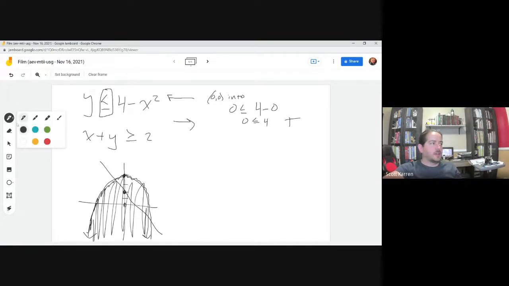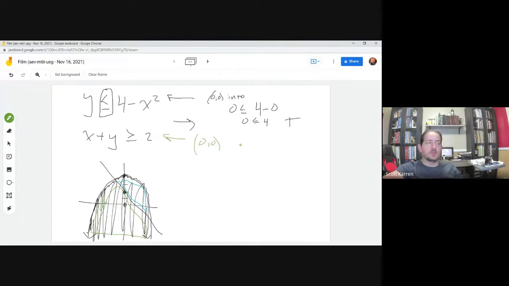So I have two options. I could either have a solution in this region up here, trapped between the line and the parabola above the line, or I could have a solution down here. I don't know if you can see that green, but that would be the area trapped below the line, but still within that parabola, right? So I'm going to test 0, 0 again into the line to see if I'm above or below the line.